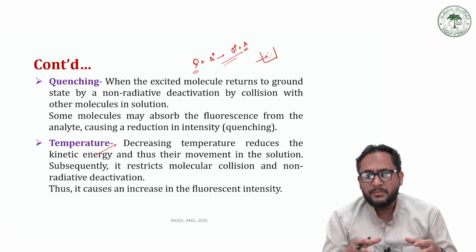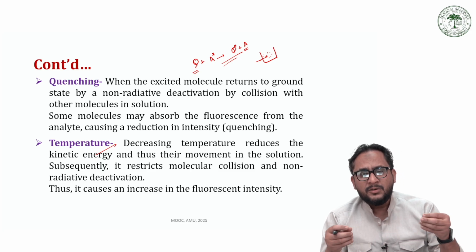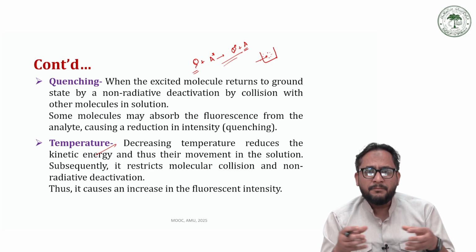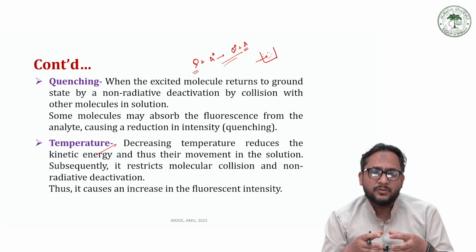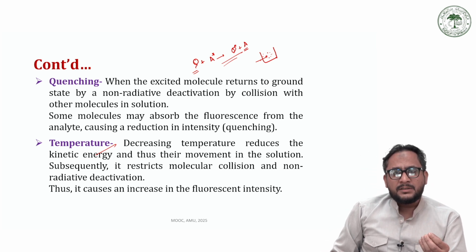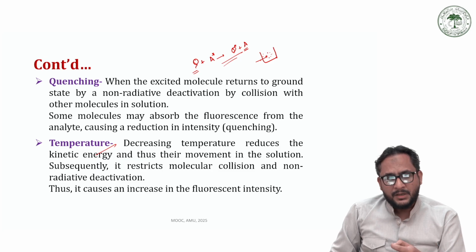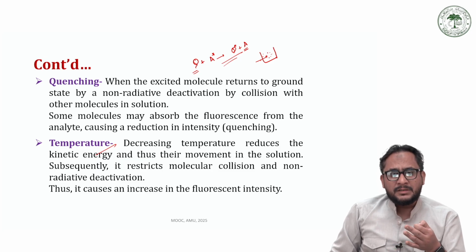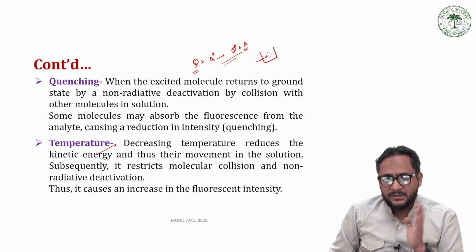And if a collision happens, since the kinetic energy is low, the impact of those collisions is very low, and therefore it will not cause any quenching or any non-radiative loss. It will not affect the fluorescence intensity.